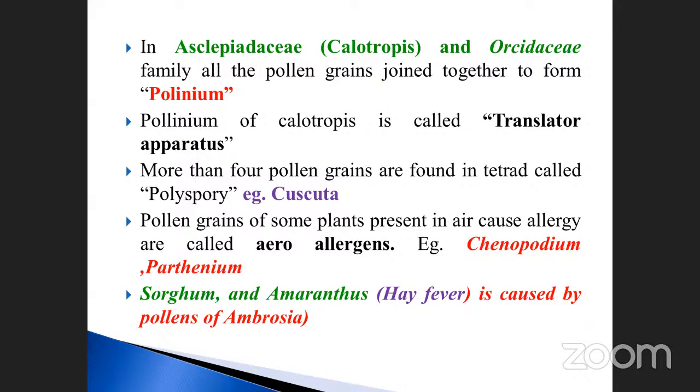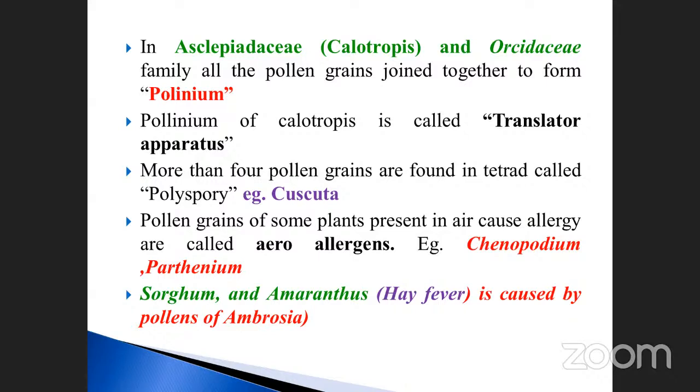Already we discussed it. The pollen grains are not always helpful. Some persons are allergic in nature. The pollen can easily penetrate into their nose and also create irritation. It is easily spread through the air because it is a microspore.